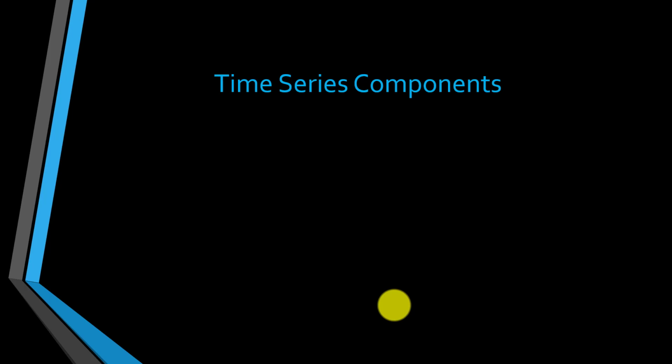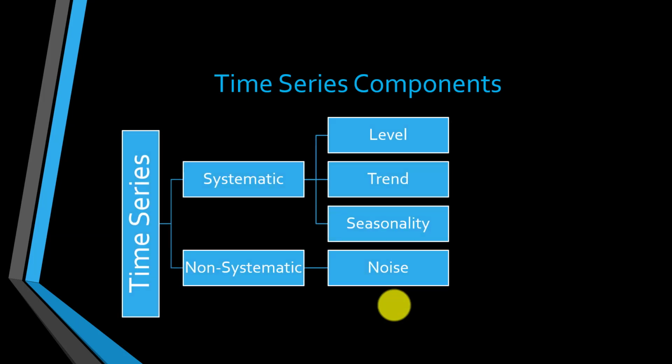Now, when we talk about time series, we generally need to understand the time series components as well. There are very important components of time series, so let us analyze them. Broadly, we can divide them into systematic components and non-systematic components. Systematic components are those characteristics of the time series which we can easily model, which are deterministic in nature, or which can be described easily.